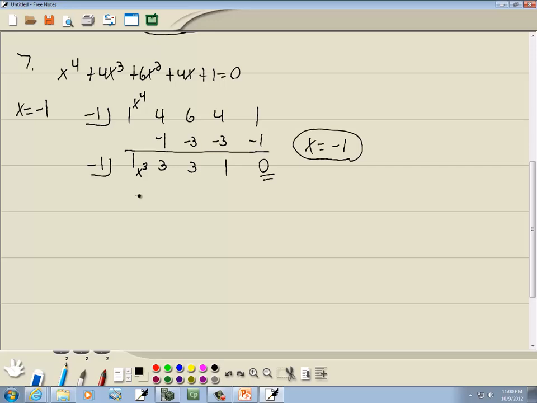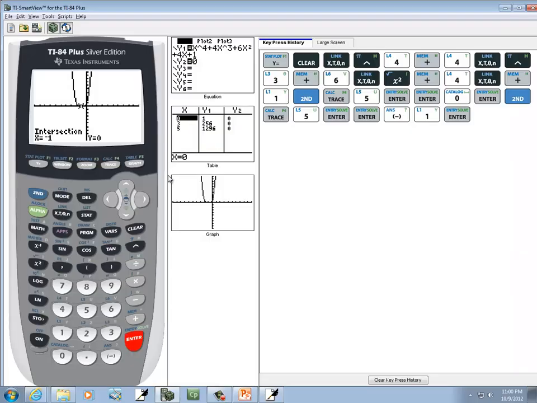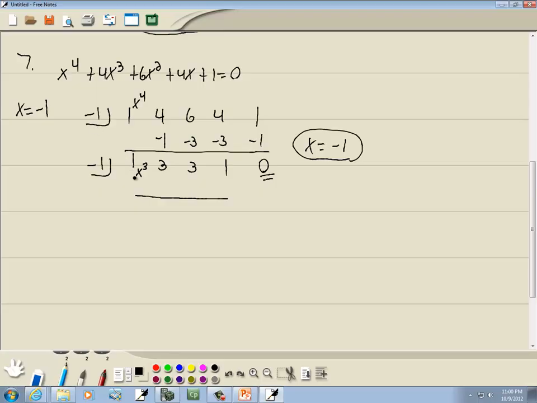So let's plug in negative 1 again. And actually, when it touches at a point, then you're almost guaranteed it's going to repeat. So we'll add, multiply, add, multiply, add, multiply, and we get 0 again. Again, the fact that we get 0 one more time means that's our second answer. That's how you can tell whether it repeats, if you get 0 as a remainder.